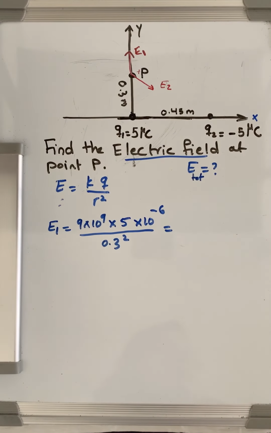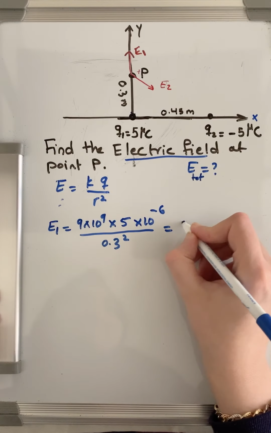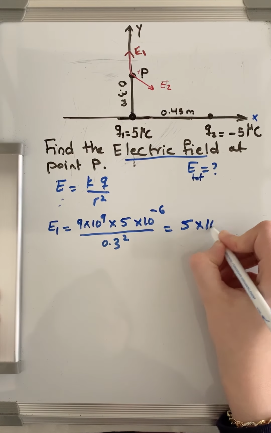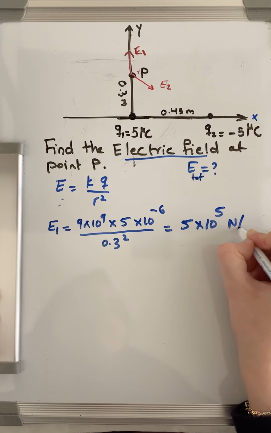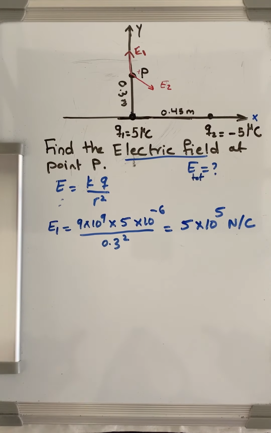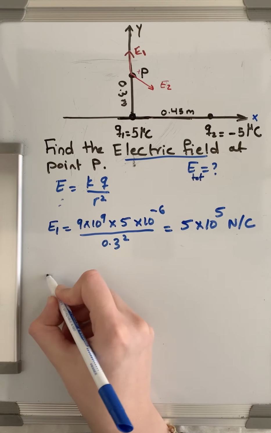Using our calculators, we find that E1 equals 5 times 10 to the power of 5 Newton per coulomb. Please, you can stop the video and try it yourself.